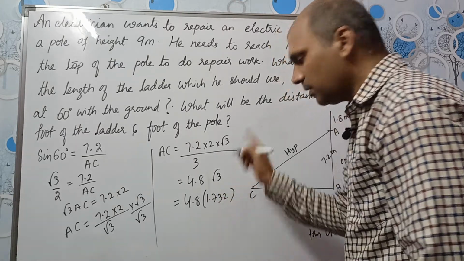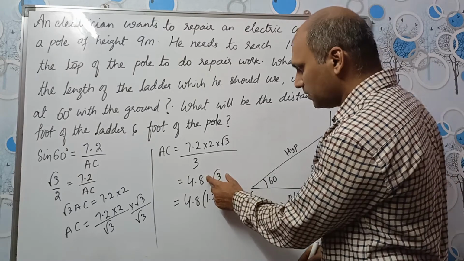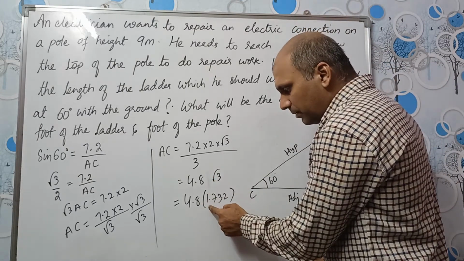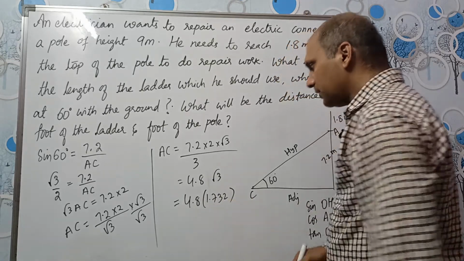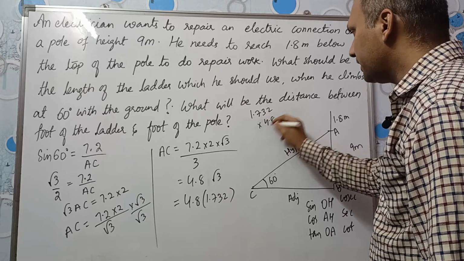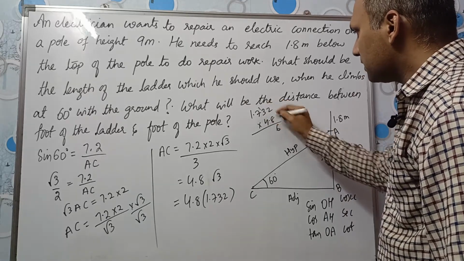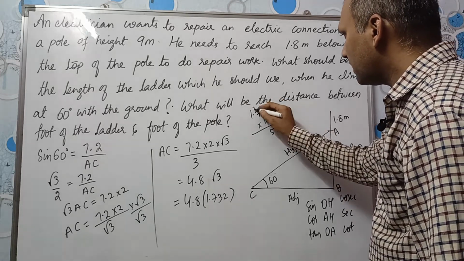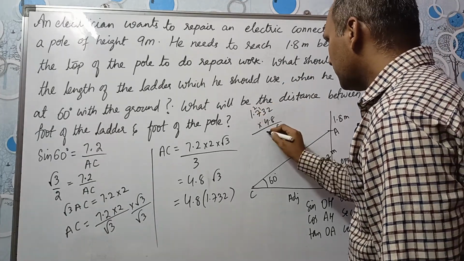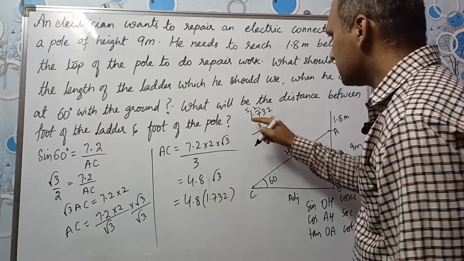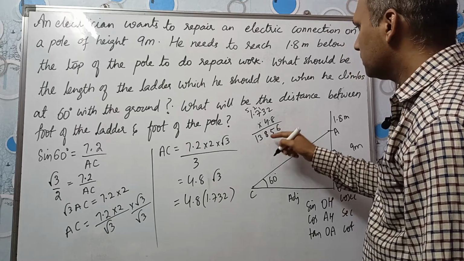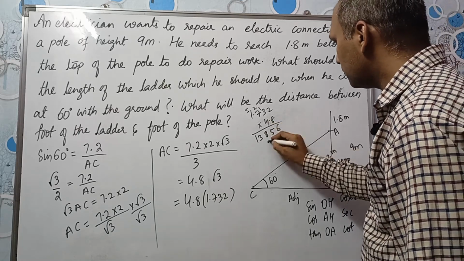Root 3 value is 1.732. In the previous two videos, I told you to remember the root value, right? Root 3 value, we approximately take it as 1.732. Let us multiply 1.732 with 4.8. 8 2s is 16, 24 and 1, 25. 7 7s is 49, 56, 58. 8 1s are 8, 9, 10, 11, 12, 13. 4 2s is 8, 4 3s is 12.